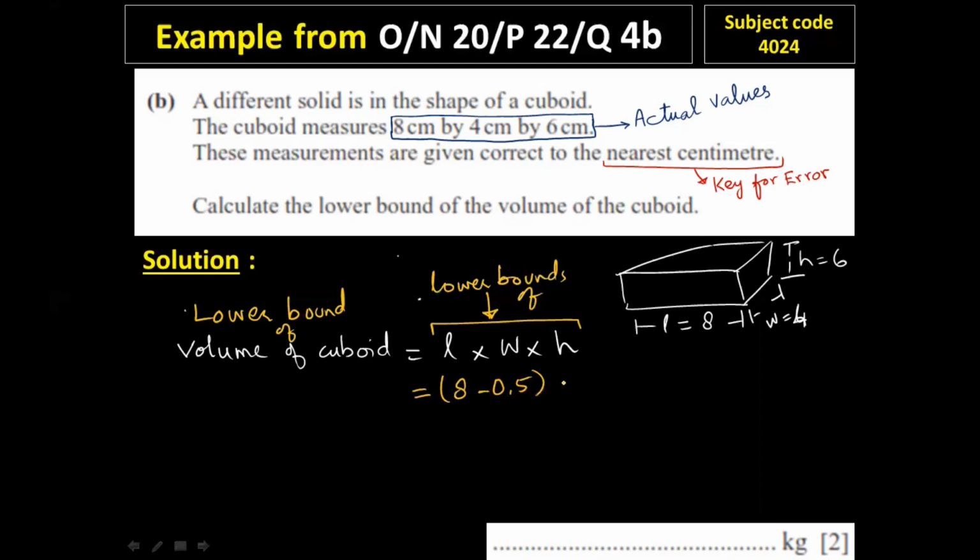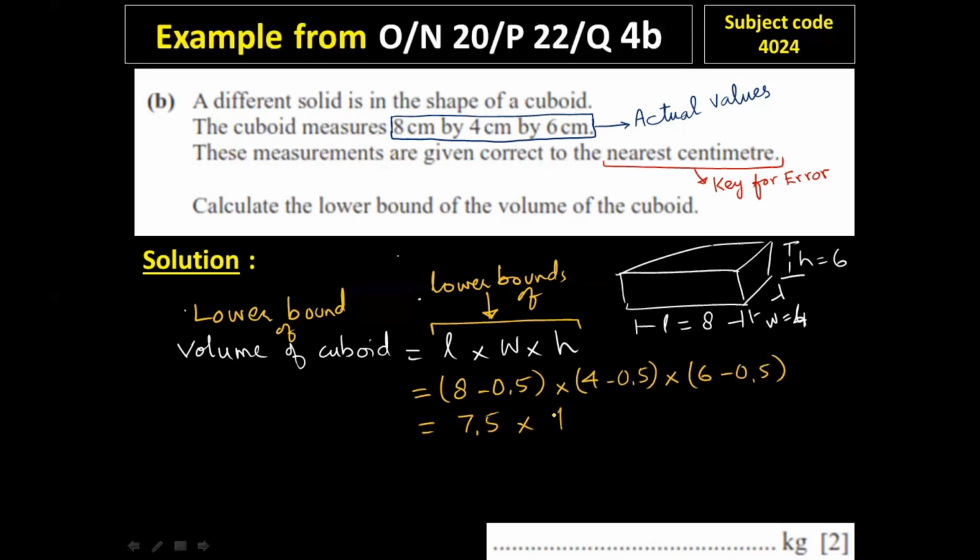times. For width is 4 centimeter, and the key for the error is 1 centimeter. Your lower bound width will be 4 minus 0.5 centimeter, and the height is 6 centimeter here, and the key for the error is 1 centimeter. 1 over 2 is the error for this height. It will be 6 minus 0.5.